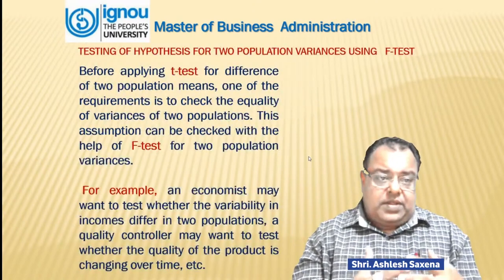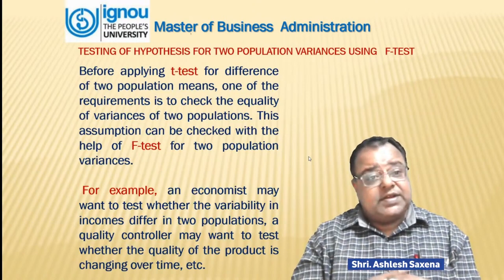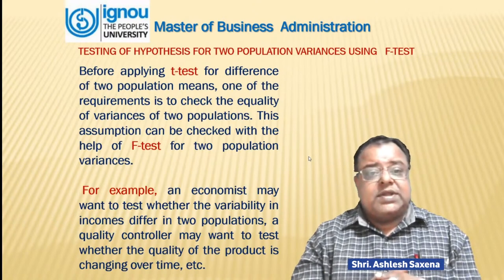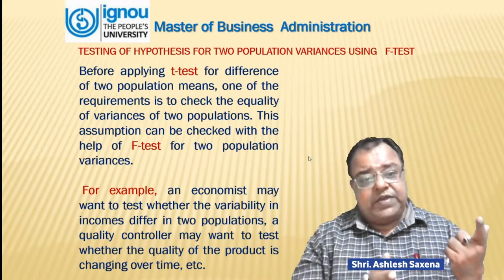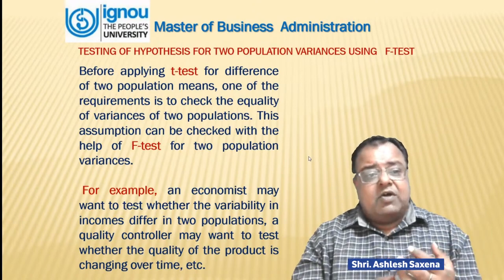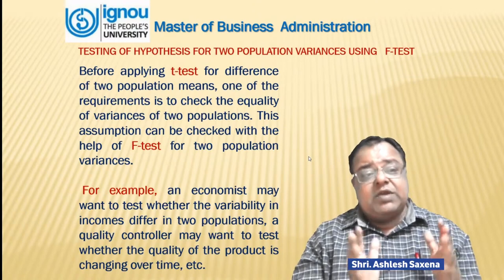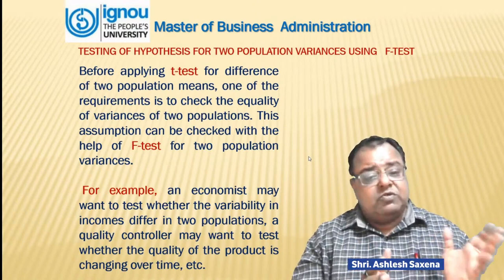Now, we will move further using F-test. This F-test is used when testing of hypothesis is done for two population variances. Before applying t-test for differences of two population means, one of the requirements is to check the equality of variances of the two populations.